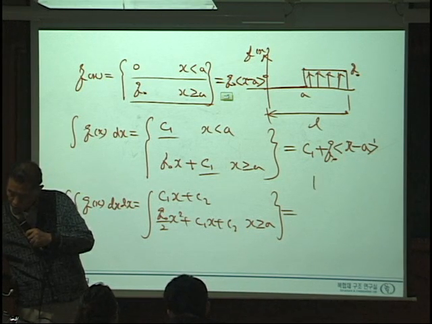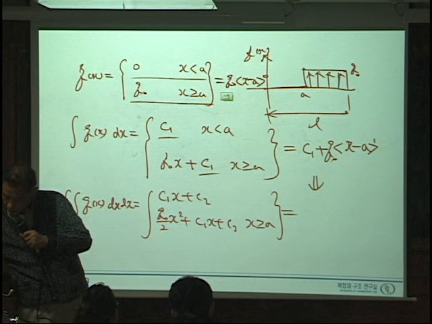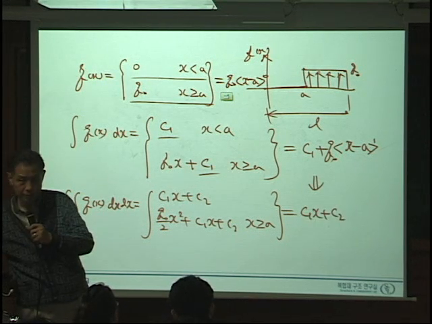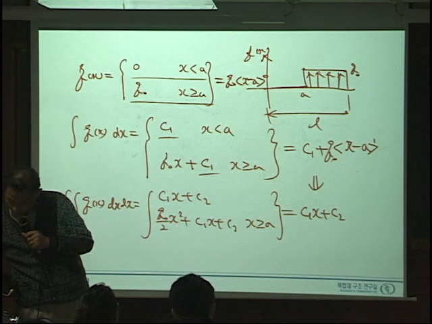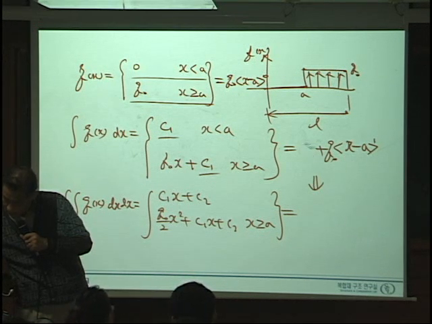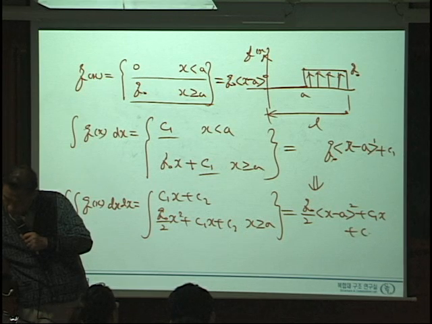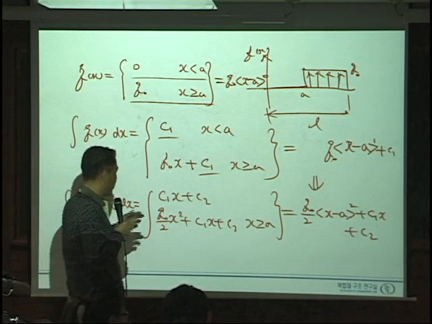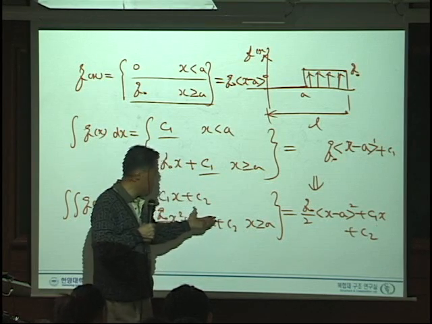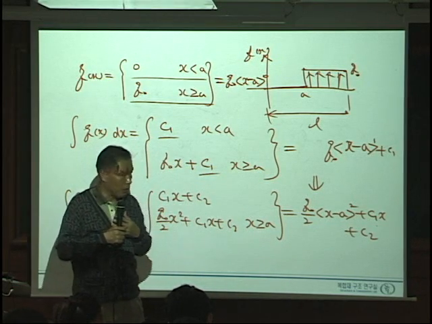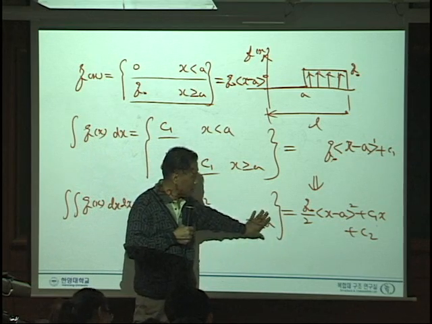And this one, we can integrate directly from here. C1 x plus C2. Actually, let me start from here, C1. And this one is simply the square term plus C1 x plus C2. And if you compare, C1 and C2 are arbitrary constants, so this expression will be the same as this one.